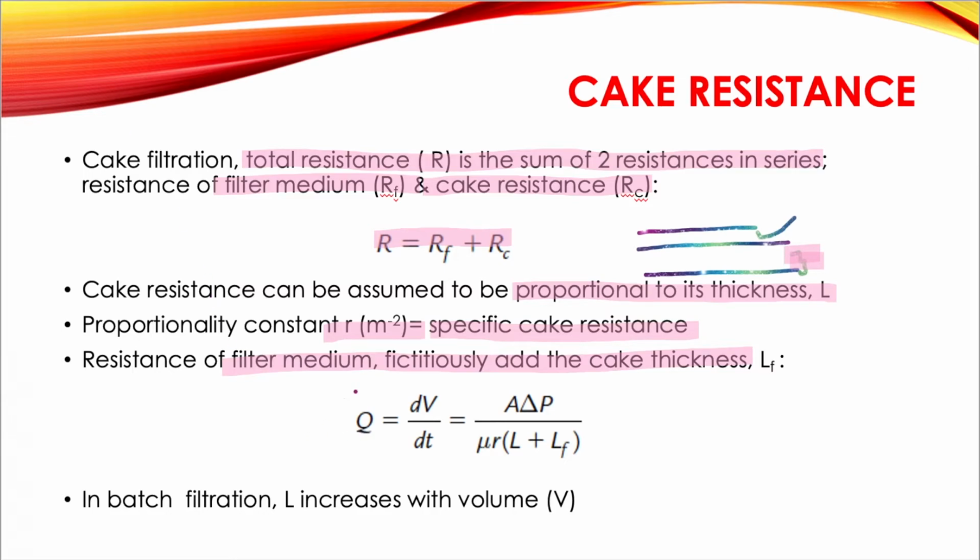Then the equation of Darcy's law becomes Q equals dV over dt equals A times the pressure drop, with the same denominator: mu, the viscosity, times R, the proportionality constant, times L plus LF. This is the resistance that we assume is proportional to the thickness L of the cake. So in batch filtration, L increases with volume.